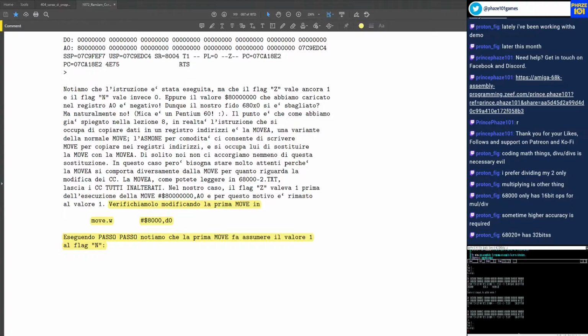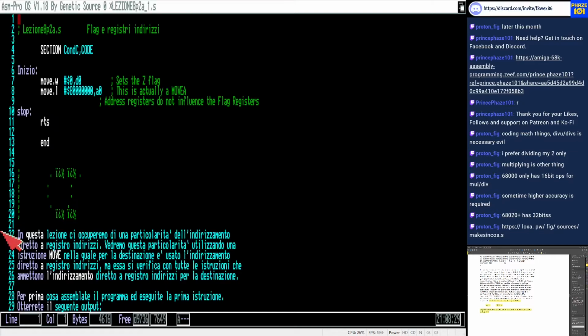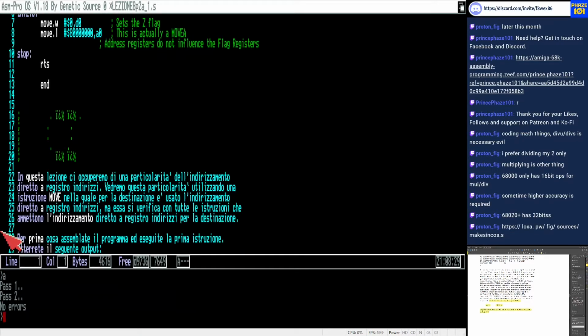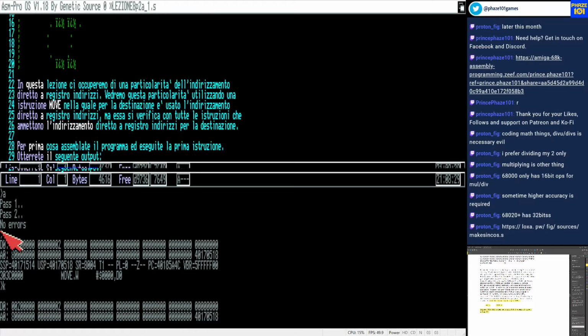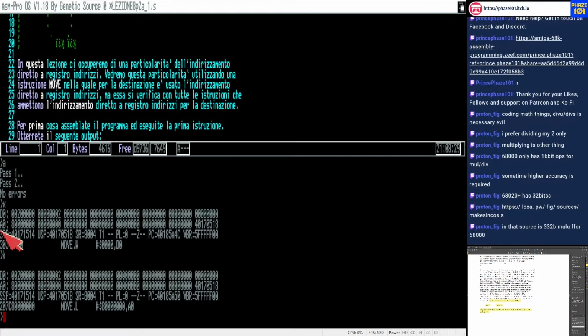Let me assemble from the beginning and start again, because I think it got confused. Let me make sure that I have the same example. So A, X, and K. So we moved 0 into the 0, and of course the Z flag was set.